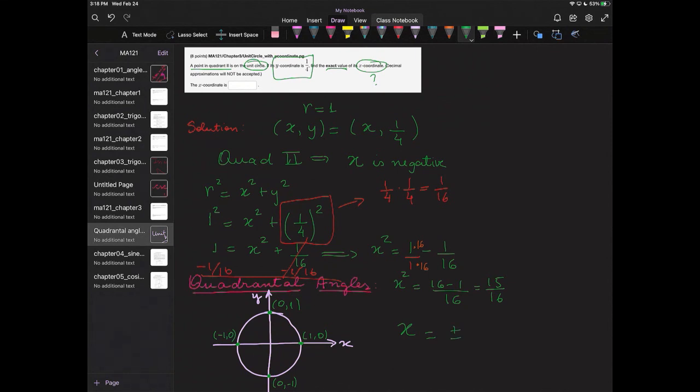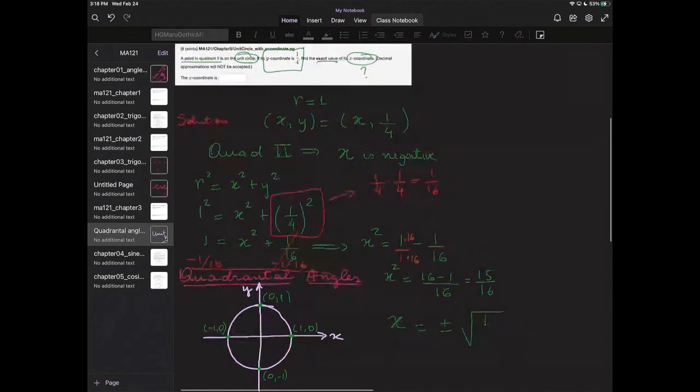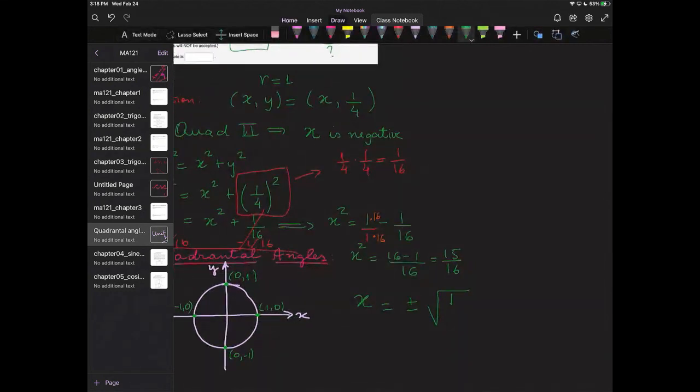So here we have plus or minus the square root of 15 over 16. Okay, obviously we can also apply the property of radicals. So take the square root of the numerator, which is the square root of 15, divided by the square root of 16. So we have that x, I'm going to make a choice now.